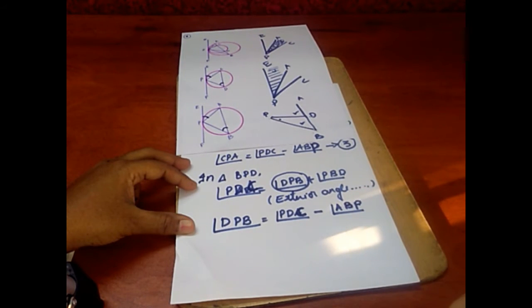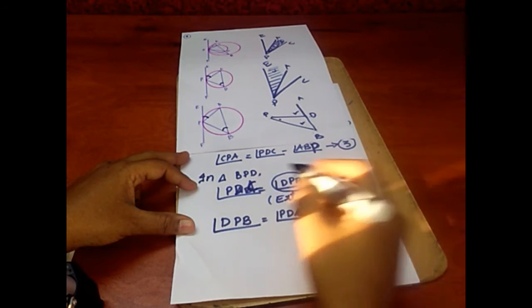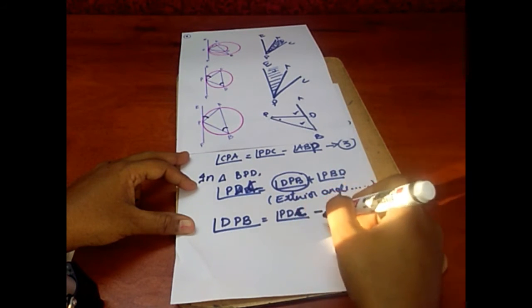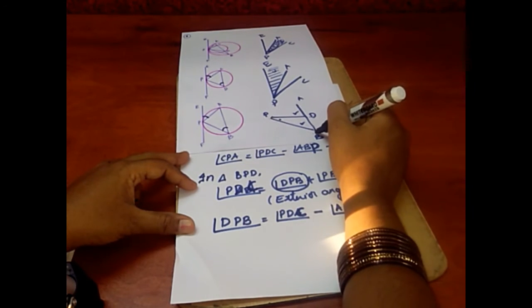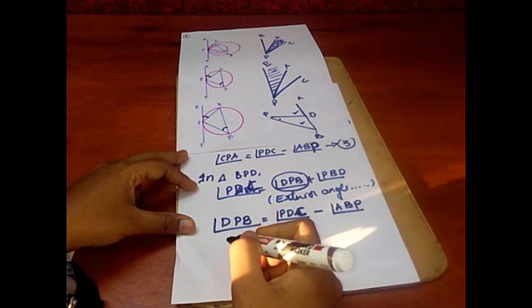Now DPB is written in terms of angle PDC minus angle PBD. Here this angle B can be up to D or up to A, both are one and the same.